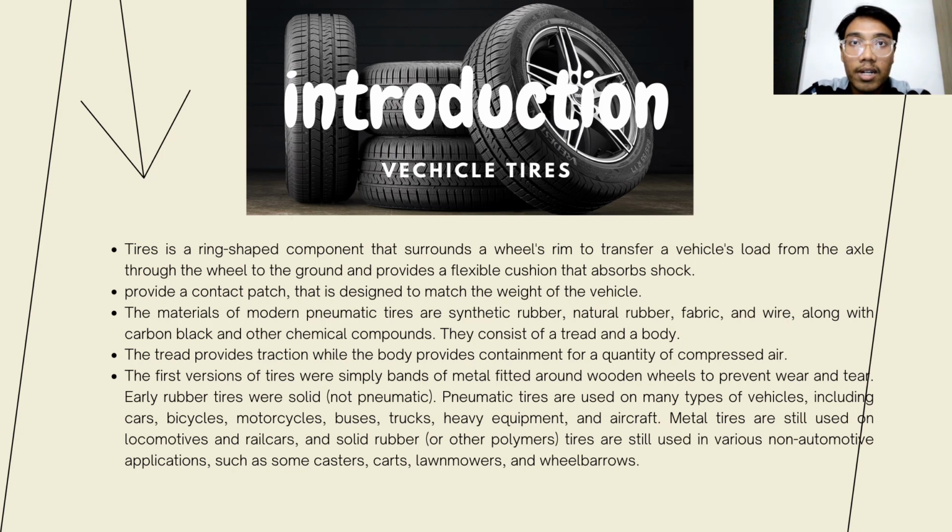It also provides a contact patch that is designed to match the weight of the vehicle. The material of modern pneumatic tires is synthetic rubber and other technology that has been developed. The tread provides traction while the body provides containment for the compressed air.